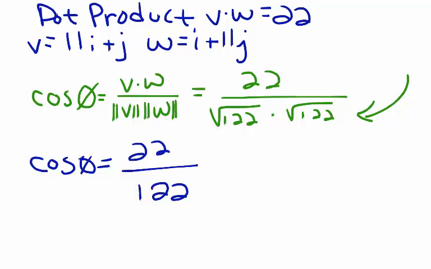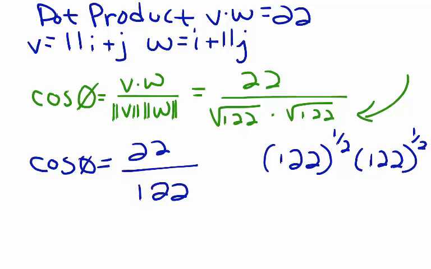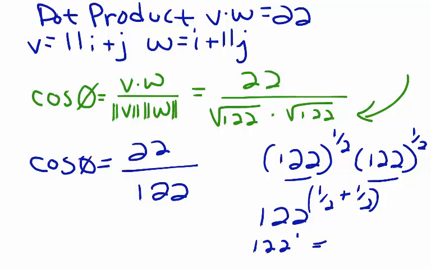And we have 122 in the denominator because multiplying the square root of 122 times square root of 122 is the same thing as multiplying 122 to the 1/2 times 122 to the 1/2. Here we have the same base, 122, so we can multiply like bases and add the exponents. That gives us 122 to the 1/2 plus 1/2, which is equal to 122 to the first, which is equal to simply 122.